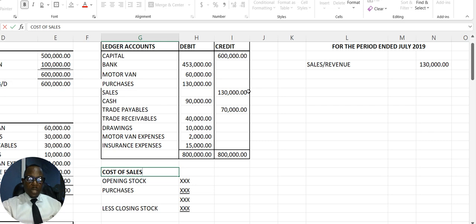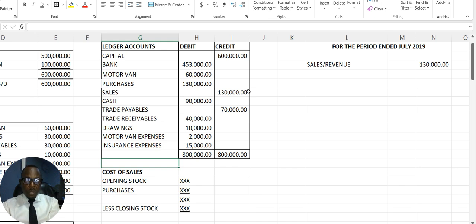So now in this our example, in this our workings, opening stock is not available, but we have purchases. For us to have our cost of sales, since we do not have opening stock, we'll just work it like this.